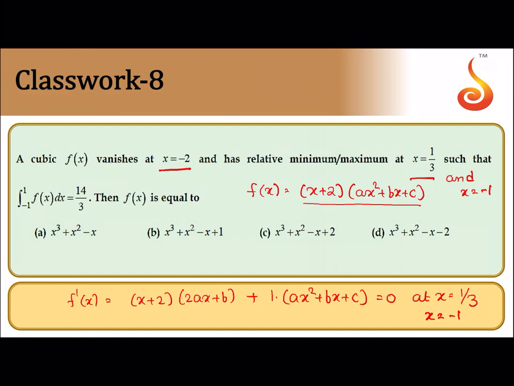At x equal to 1 by 3, this part is equal to 0. Relative maximum at x equal to 1 by 3, and we forgot at x equal to minus 1. So at x equal to minus 1, dy by dx equal to 0.